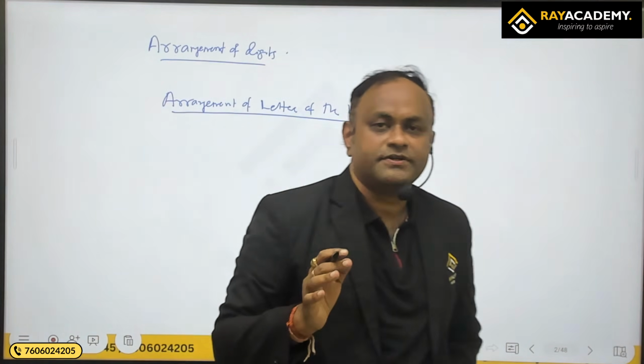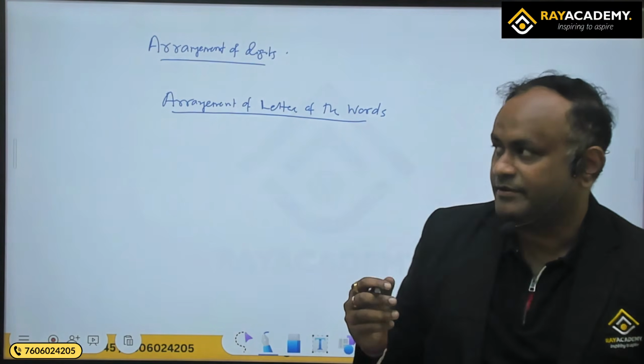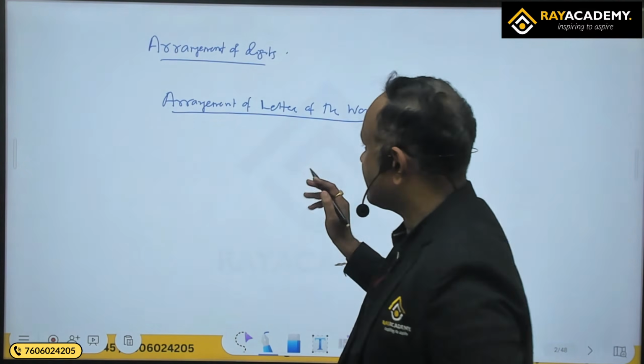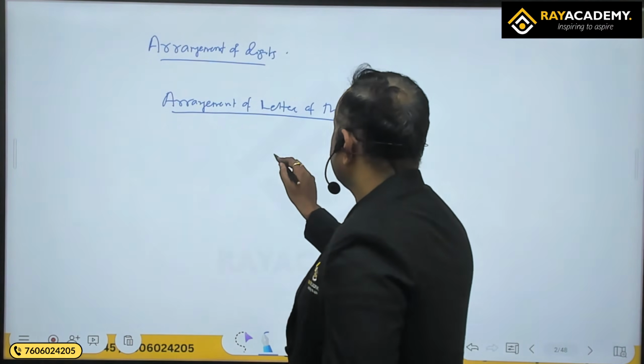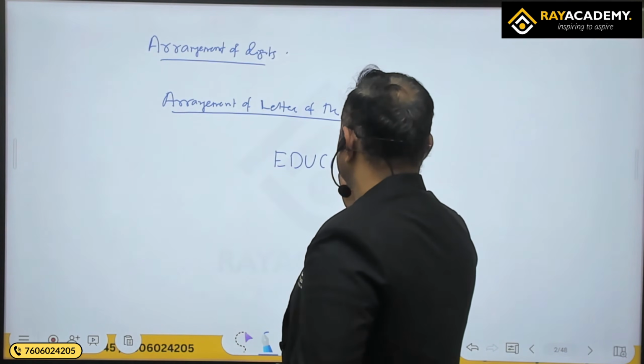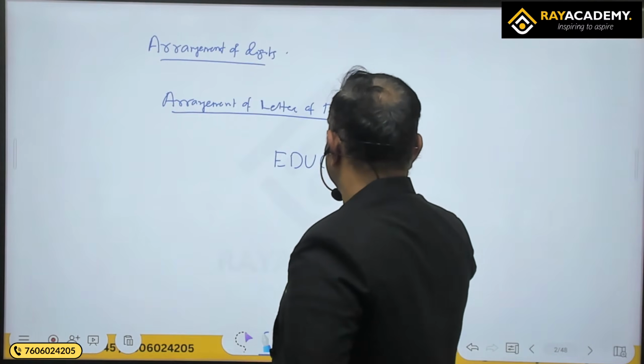Letters of the words means some type of example. Suppose there is a word. Let me take an example, then you will get it clearly. Suppose the word is education.